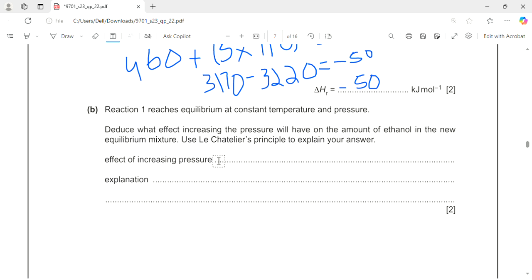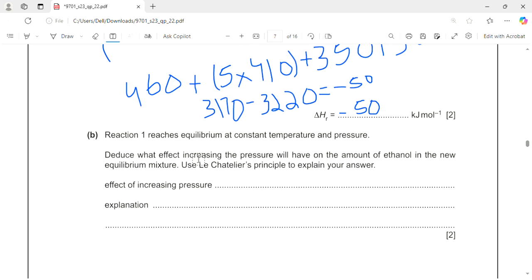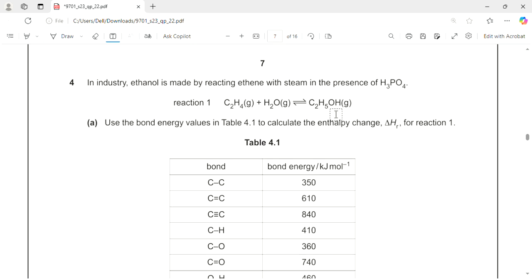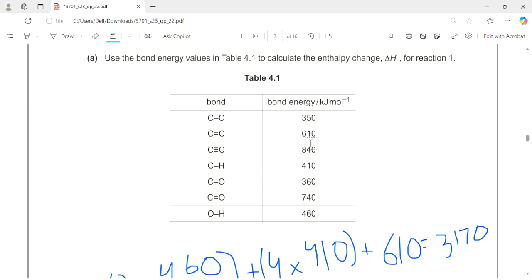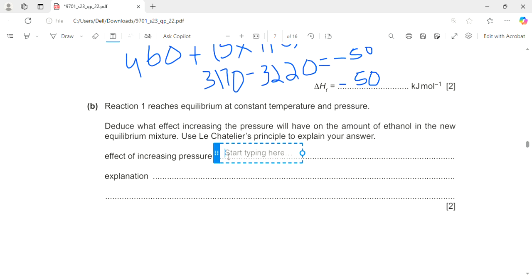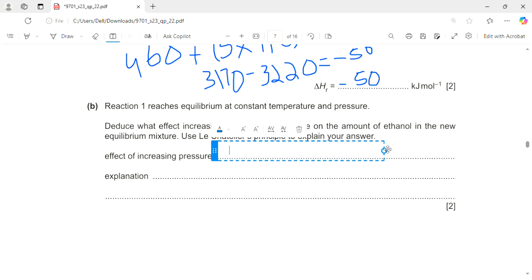Okay, effect of increasing the pressure. Because ethanol is the product, the amount of ethanol will increase if you increase the pressure, because the collision of molecules is very fast. Molecules will collide, and the amount of ethanol increases.